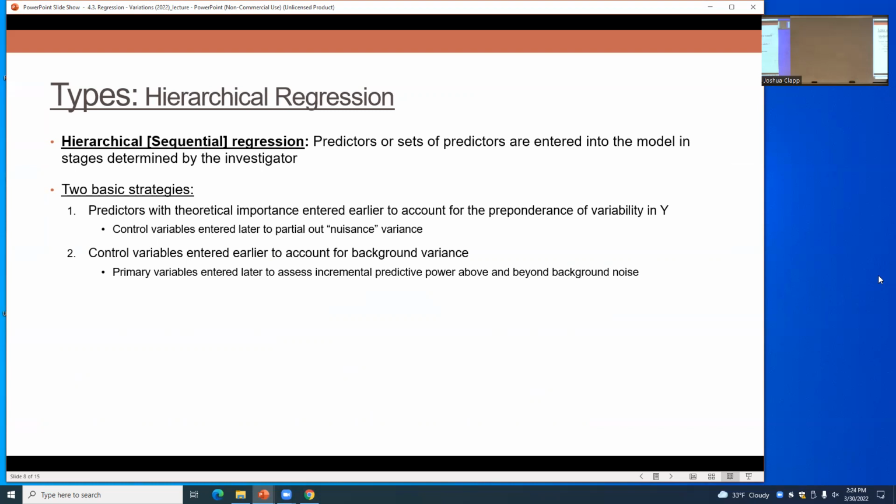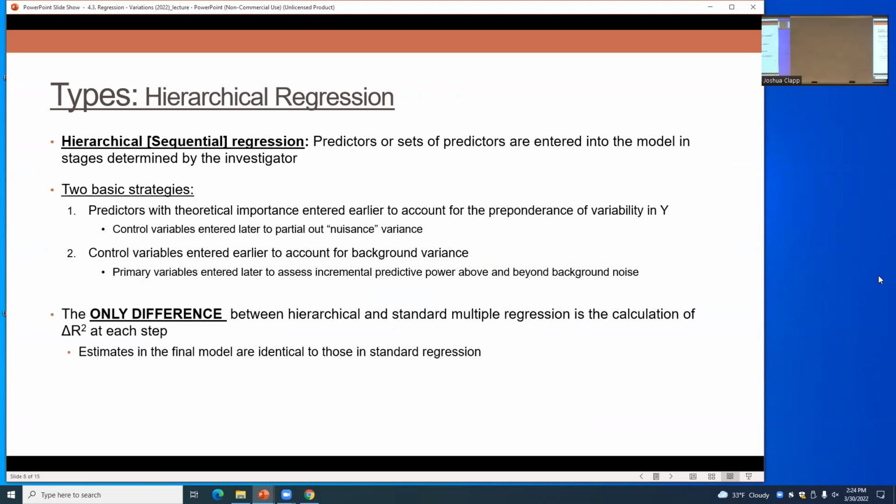There is no right way or wrong way. It completely has to do with how you want to talk about your model. The only difference between hierarchical regression and standard multiple regression is that at each step, we get an R squared change. And it doesn't have to be 2 steps. We can have 3 steps, 4 steps, however many steps you want.